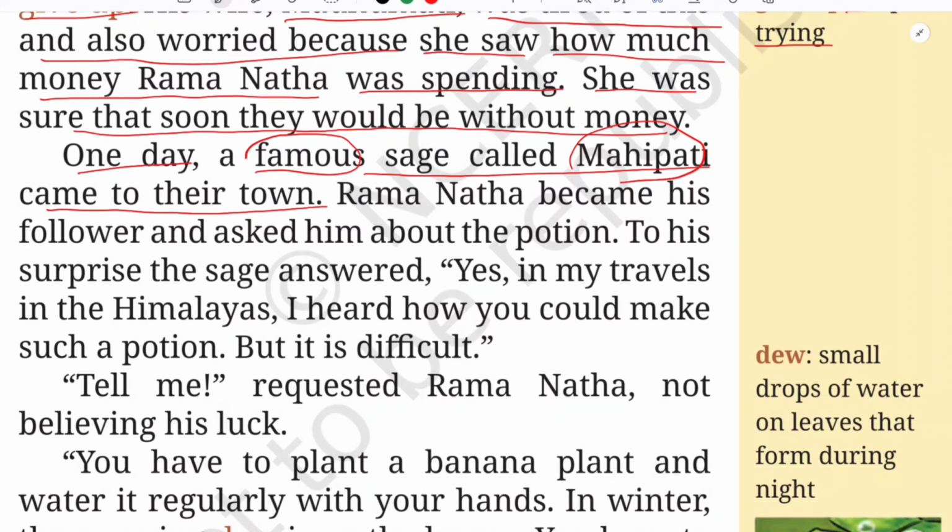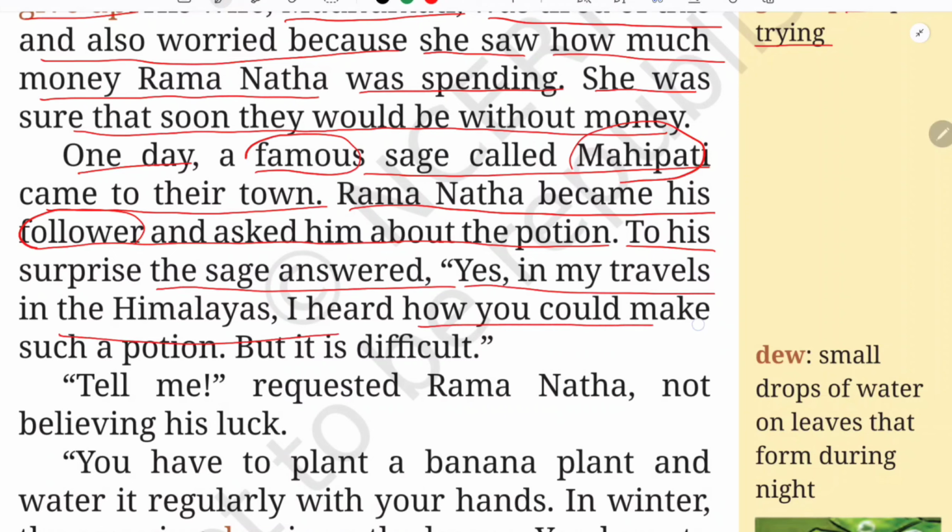Here, Ramnath became his follower and asked him about the potion. He was so completely focused on that potion. Ramnath was quite sure that this sage might give him his answer. So to his surprise, the sage answered, "Yes, in my travels in the Himalayas, I heard how you could make such a potion, but it is difficult."